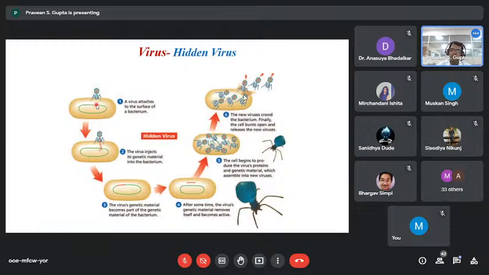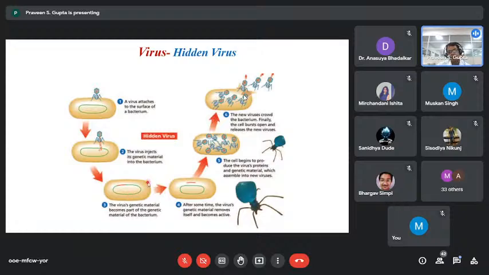You may have heard that a dog or some animal bites a person, and he gets the disease after 10 or 15 years. That is the hidden virus, because a hidden virus may stay for longer time periods. Hidden viruses are those which insert their genome in the same way, but their viral genome will integrate with the host genome, and after the insertion, they will remain present in the lysogeny state for a longer time period.